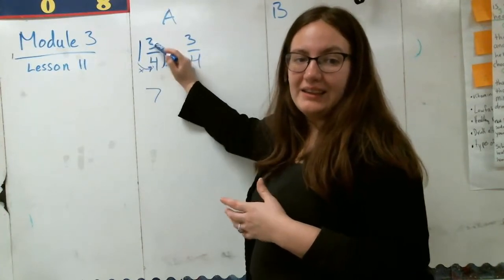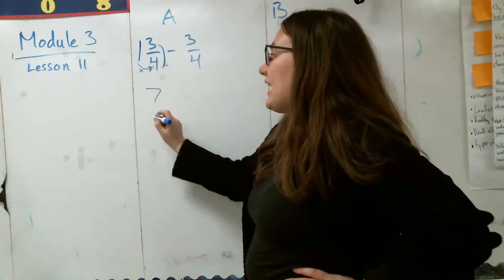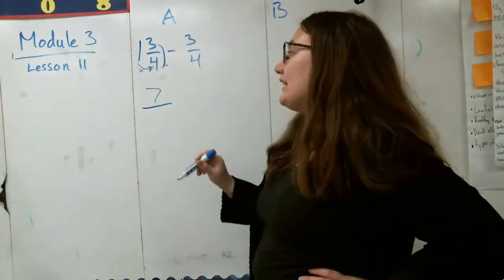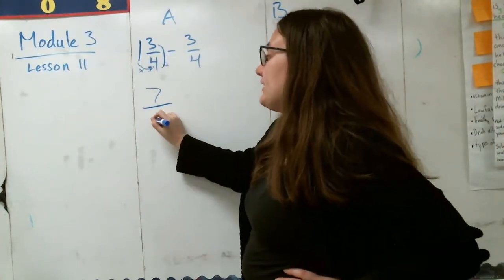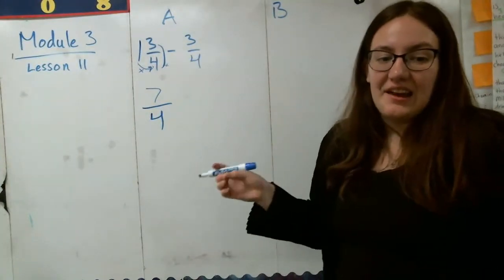So multiply, then add that answer. Then we have a numerator of 7, so it's kind of like we brought that up to the top. My denominator is going to stay the same. So 1 3/4 is the same thing as 7/4.